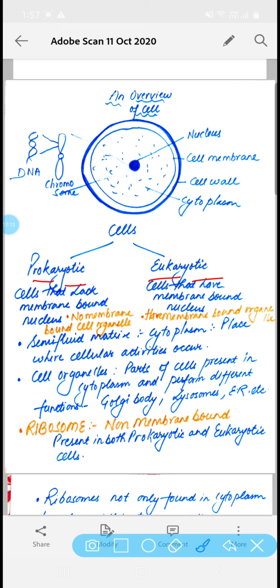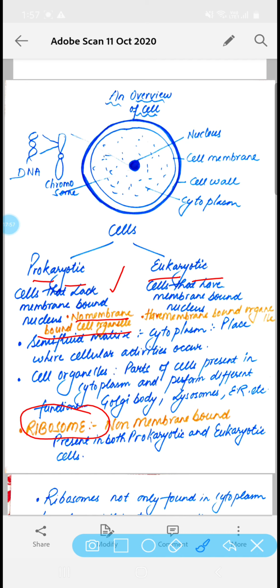Because the prokaryotic cells lack a membrane bound nucleus. इनके न्यूक्लियस के बाहर कोई भी membrane present नहीं होती. साथ ही साथ no membrane bound cell organelles are present in the prokaryotes. उनकी बॉडी के अंदर, प्रोकैरियोट्स की बॉडी के अंदर कोई भी सेल ऑर्गेनल भी प्रेजेंट नहीं होती which is bounded by the membrane. ओके, एक नॉन मेम्ब्रेन बाउंड ऑर्गेनल प्रेजेंट है जिसको हम बोलते हैं राइबोसोम. वो अभी हम आगे डिटेल में पढ़ेंगे.